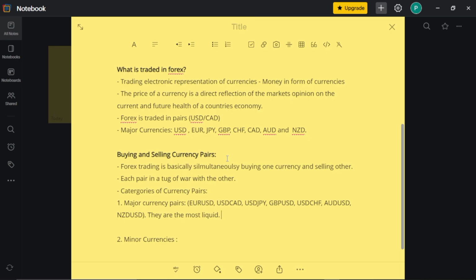For international trade, so long as Great Britain is concerned, you can't overlook the GBP. Of course, I already stated the importance and dominance of the US dollar. The whole of Europe uses the euro. Switzerland, CHF, one of the major money bags in the world. You have Australia, and then you have New Zealand, and then you have Canada as well. All right. So these are like the most frequently traded.